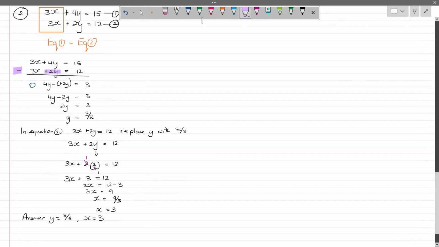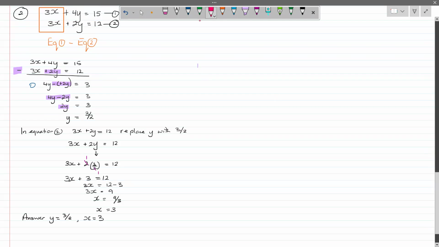So it's important for us to write it like this so that we can work out our net sign. It's 4y minus 2y. And 4y minus 2y would give us 2y here, right?